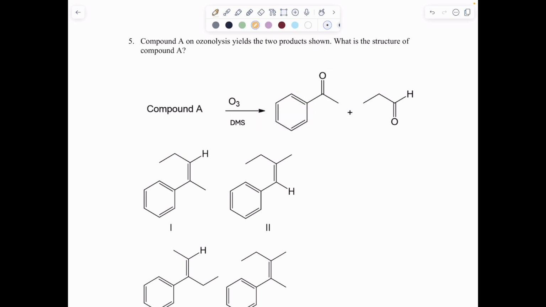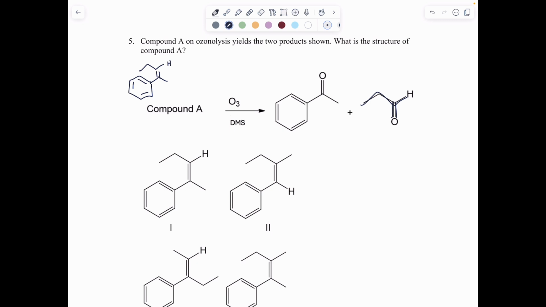So compound A is going to be a benzene ring with a double bond with this ketone, but instead of having the oxygen up here, we're just going to add that structure. So hydrogen on this side, ethyl group on this side, and then don't forget to draw in your double bonds for the benzene ring.